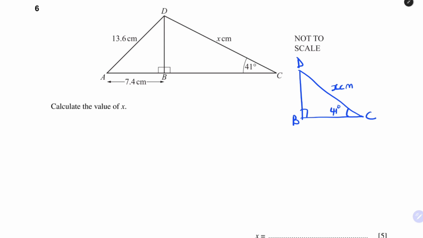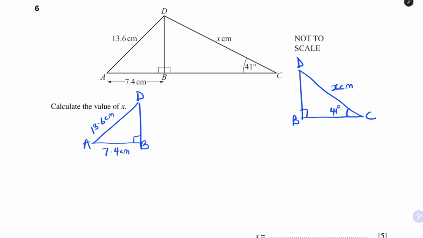How do I know? BD is a part of another triangle here. Now, this is B, this is A, and this is D. Since BD is a part of this triangle and we already know these two sides of this triangle, this is 13.6 centimeters and this is 7.4 centimeters. So we could find BD easily.